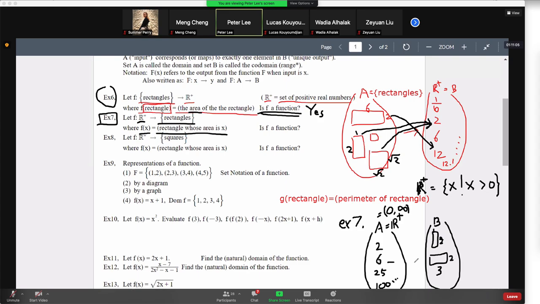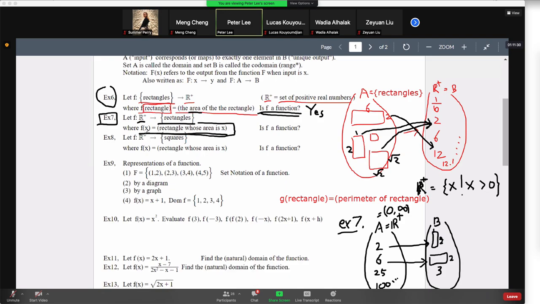So we make a one-way correspondence. Is that a function or not? The relation in example 7, is that a function or is that not a function? Now you have to understand the rule here carefully.